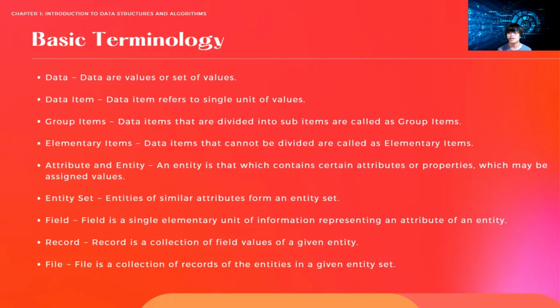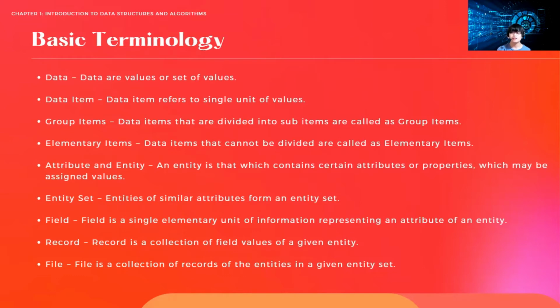An entity contains certain attributes or properties which may be assigned values. To give you a little insight, let us say you as a person are the entity. What are your attributes? The color of your skin, the color of your eye, the color of your hair, something like that.